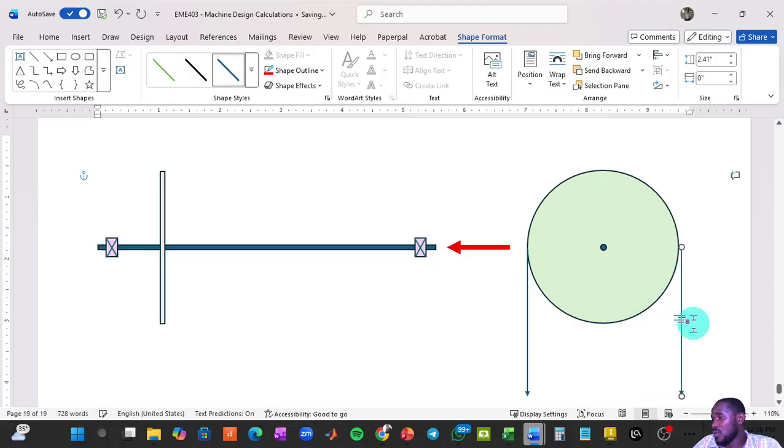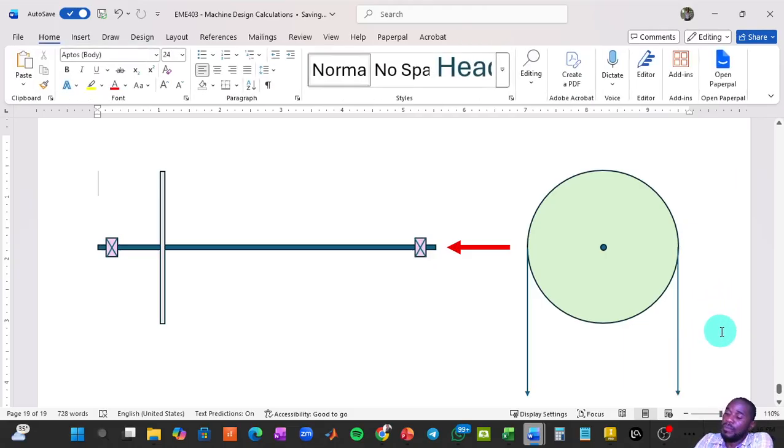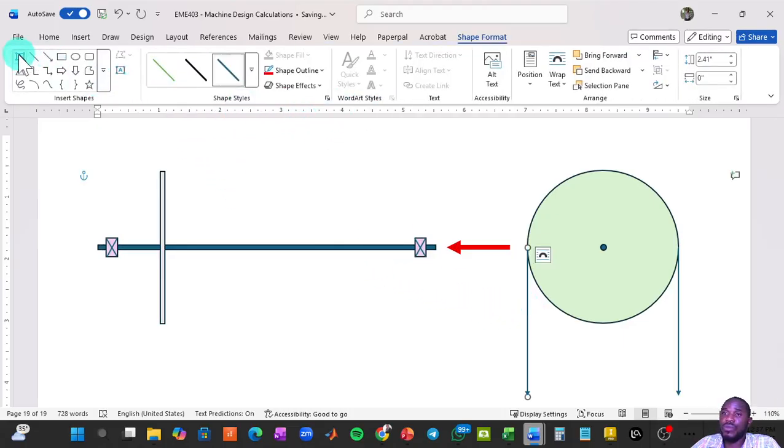We take this to the corner there, like so. That's not perfectly to the edge, so we will do that better. Let's select that, and bring that here.